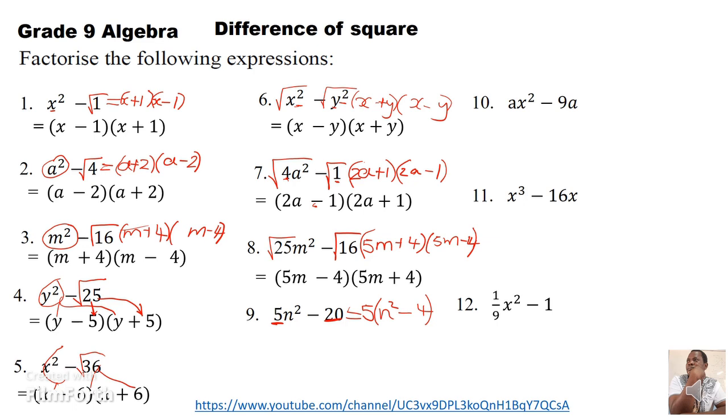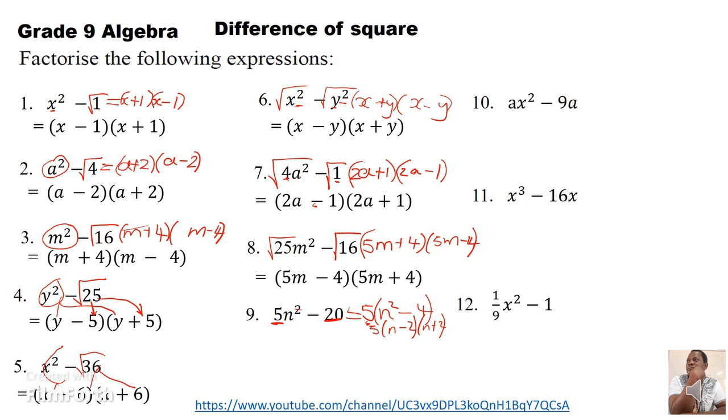After factoring the 5 out, the two terms that remain inside the brackets form a difference of squares. So we can factorize it further into (n minus 2)(n plus 2). Please be careful with this kind of question.